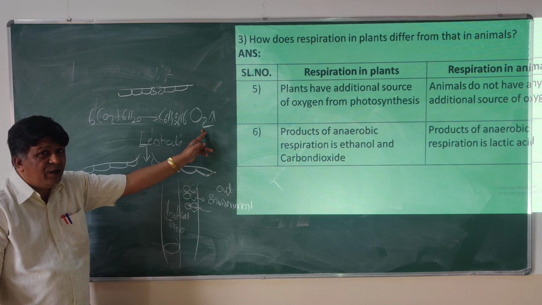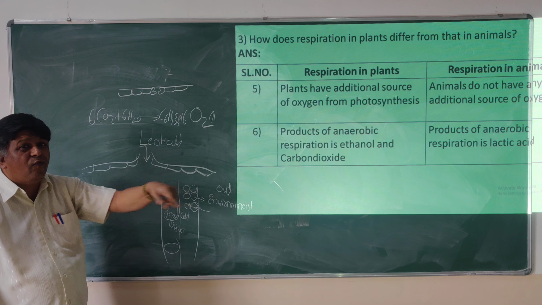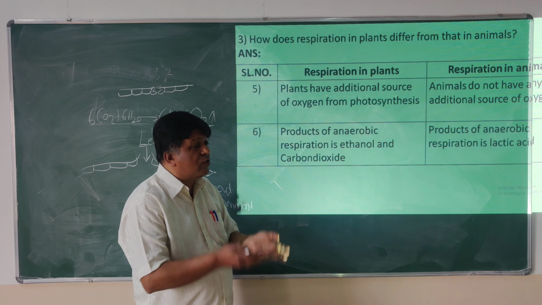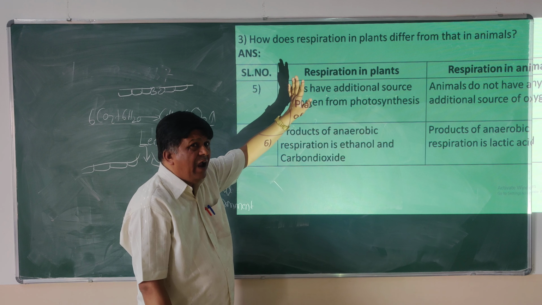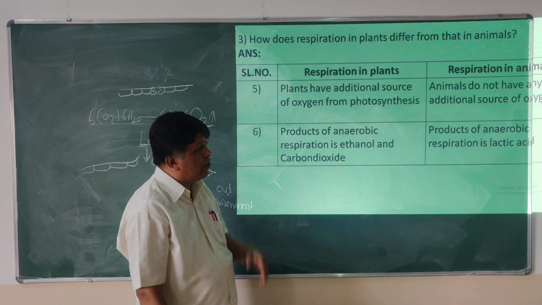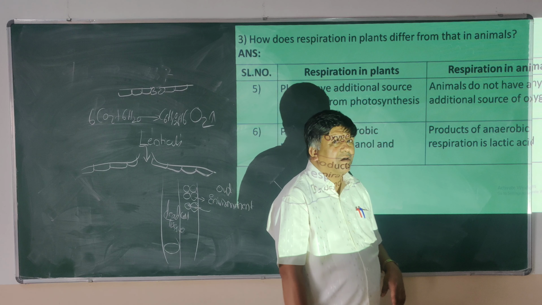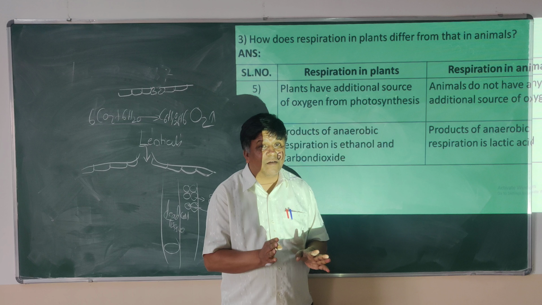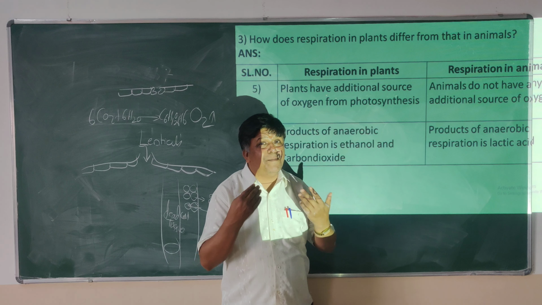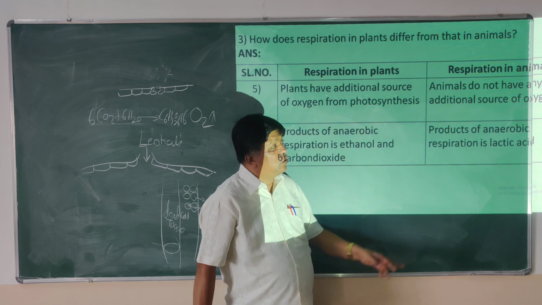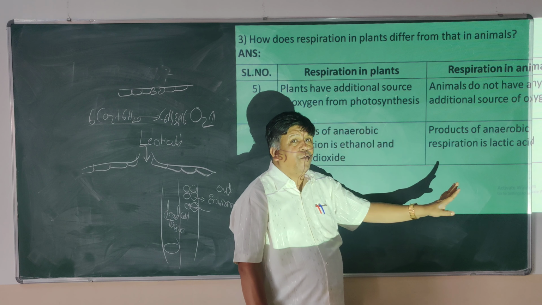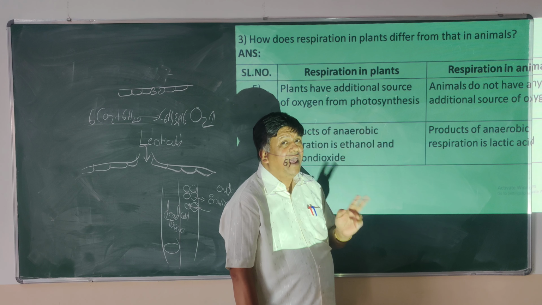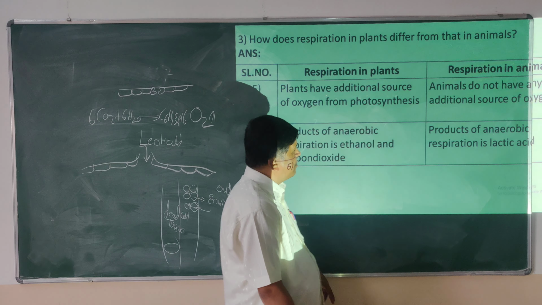This oxygen liberated in plants is a source for respiration. So plants have a huge amount of oxygen produced within themselves and can make use of it, so they get abundant oxygen. Whereas animals take oxygen only from plants. They don't have any mechanism to synthesize oxygen of their own. So for animals, there is no additional source of oxygen except plants. That's another difference.